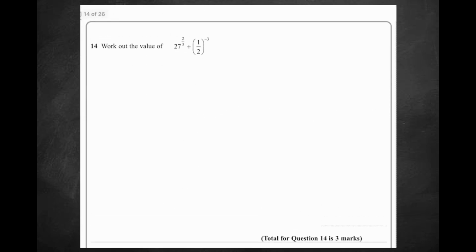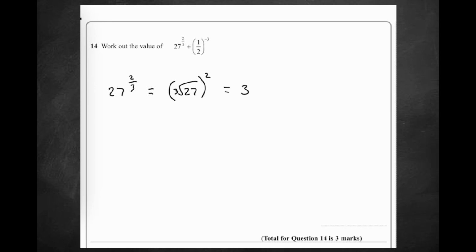Question 14. Work out the value of 27 to the power 2/3 plus a half to the power minus 3. So 27 to the power 2 over 3 is going to be the same as the cube root of 27 squared, as that's what 27 to the power 1/3 is. The cube root of 27 is just 3, because 3 times 3 times 3 is 27.